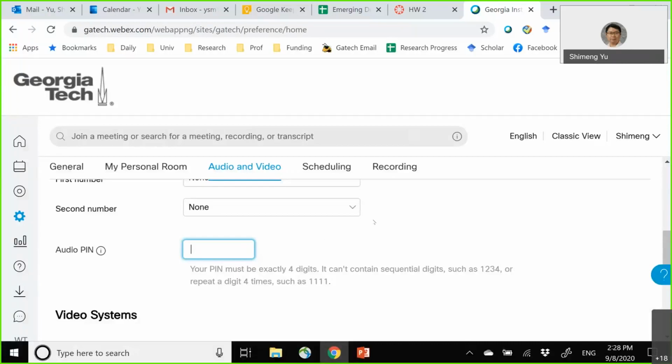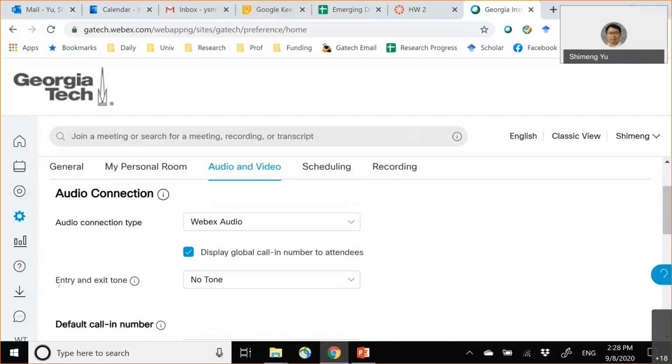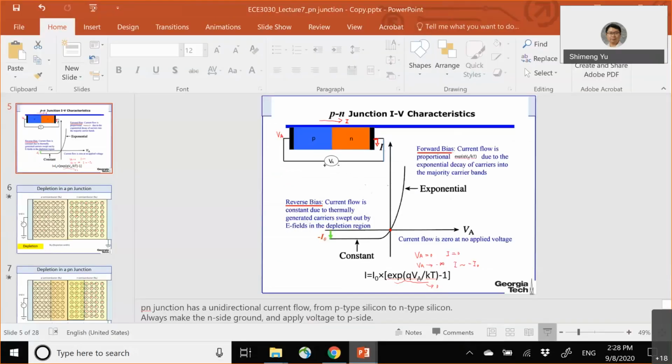Preference, audio. Oh, yes, it's beep. Okay, no tone. Okay, I modified it, and hopefully it can take effect. And let me restart sharing. I changed it here, this entry and exit tone. All right, thank you. Hopefully now it's better.